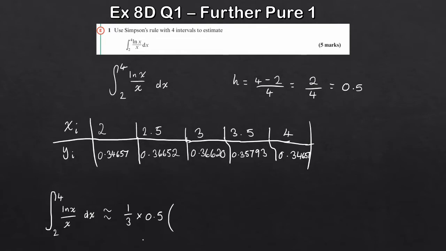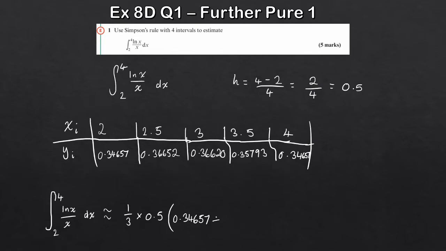We have a bracket, and it's very similar to the trapezium rule. Similar to the trapezium rule, we're going to have the first term and the last term, the endpoints. So I'm going to have 0.34657, and then I'll have my 0.34657 again at the end.